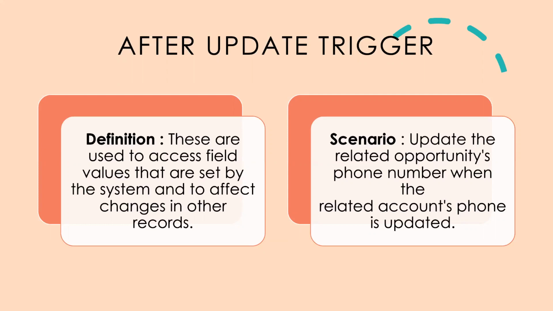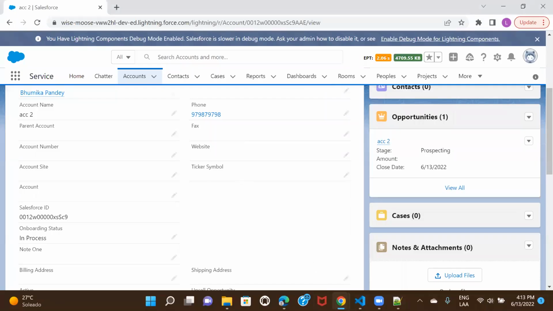So whatever phone number I give on the account, I want all the related opportunities to be updated with the same phone number, and that should happen after update. Once this scenario gets validated, the record will be committed to the database. So let's go back to the developer console and start writing it.